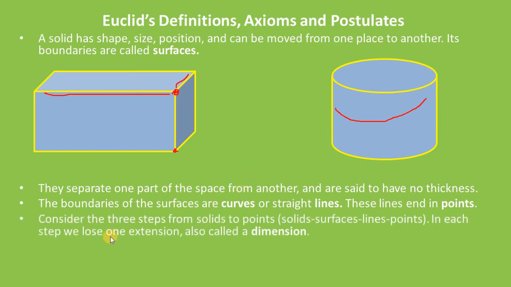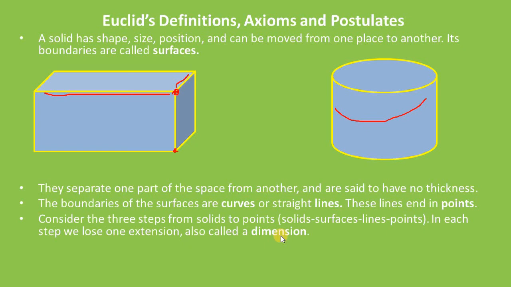Then consider the three steps from solid to points: solid, surface, line, point. In each step we lose one extension, also called a dimension.